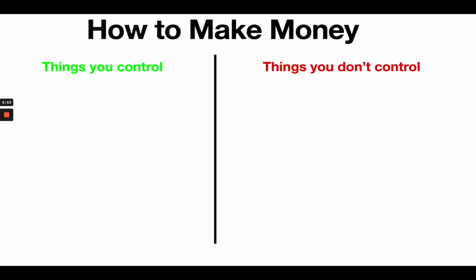So now we're going to learn how to make money. Drawing a line down the middle, we got things you control, things you don't control. Of course, you can control when you sell. You want to sell after the stock price has gone up, hopefully.